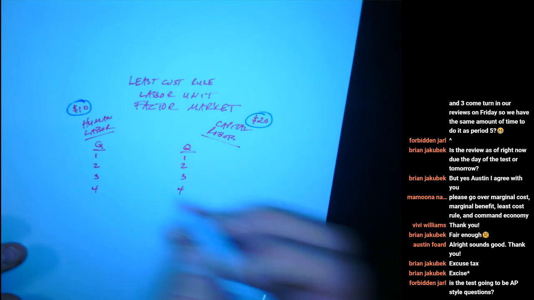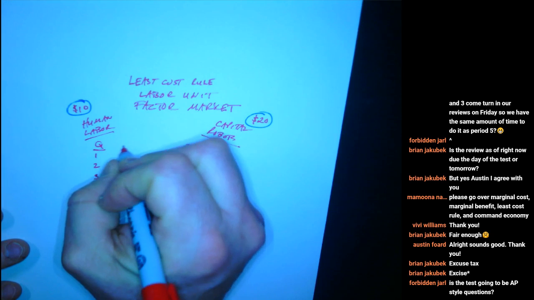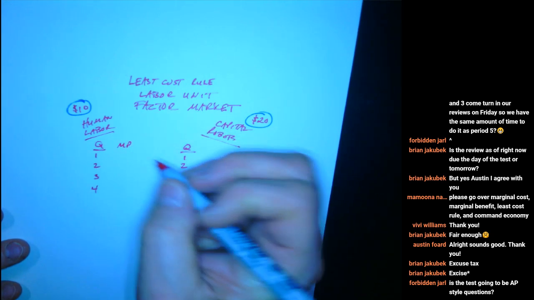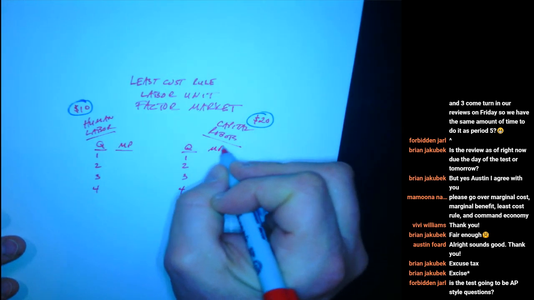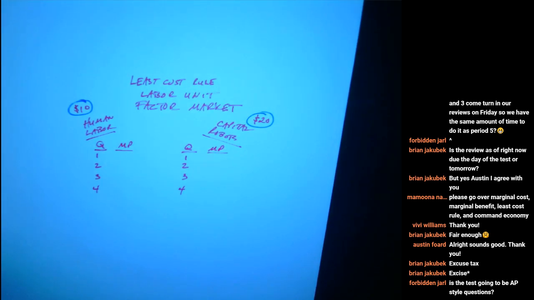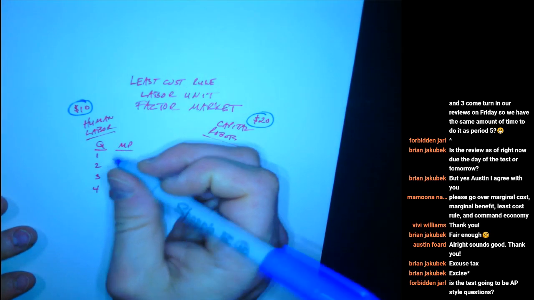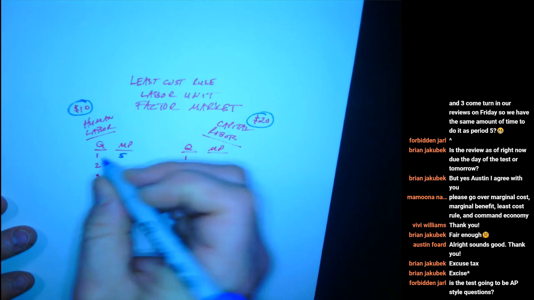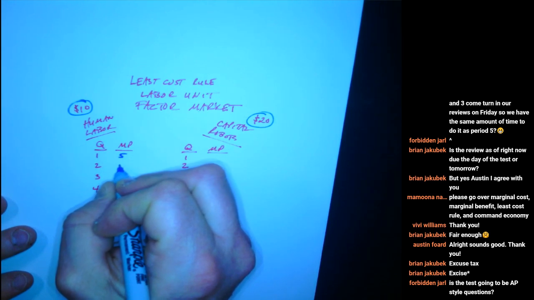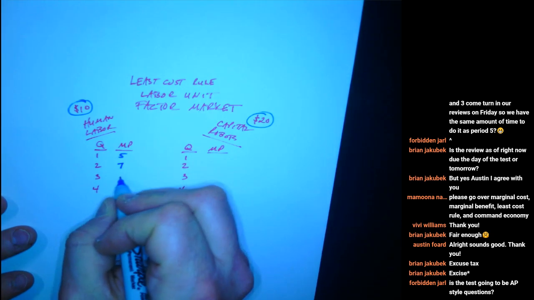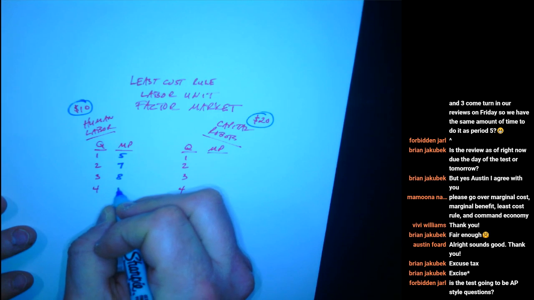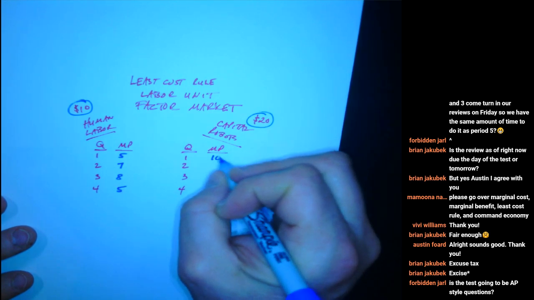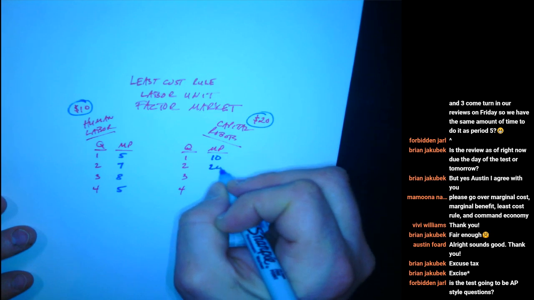If their marginal product, let's say the first worker, their marginal product is 5. And then the next worker is 7. Then the next worker is 8. And then the next worker is 5. And then robots, 10, 20, 30, and 40.